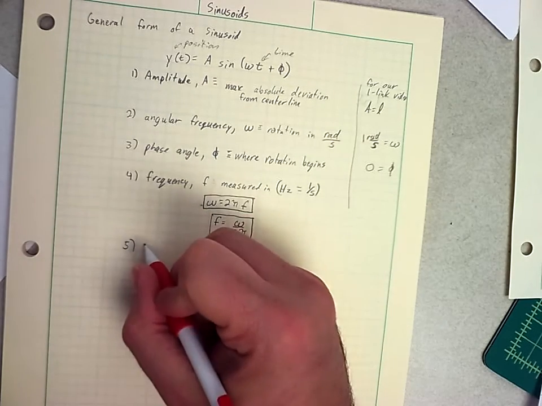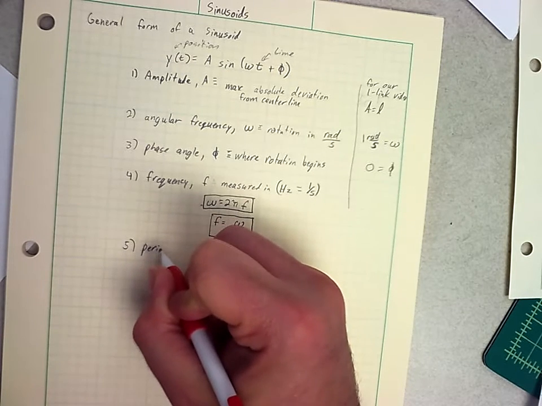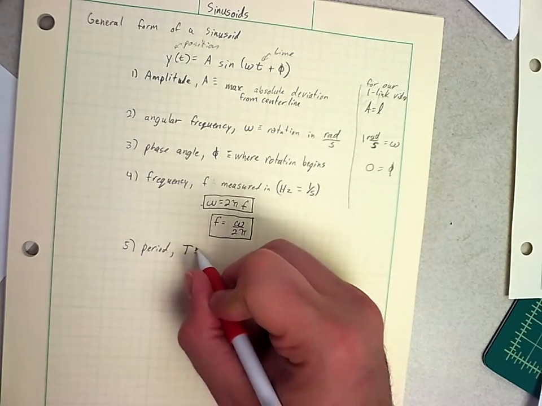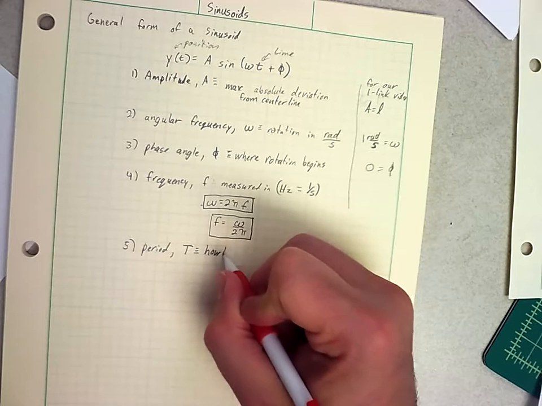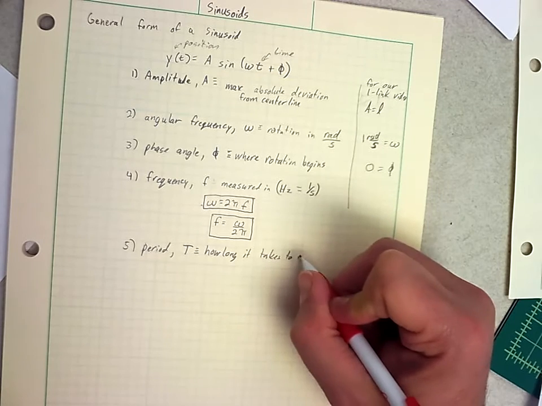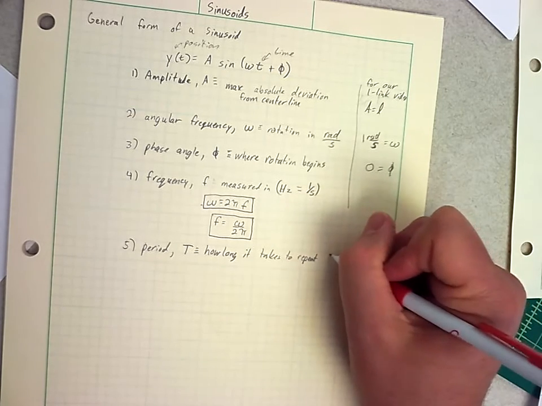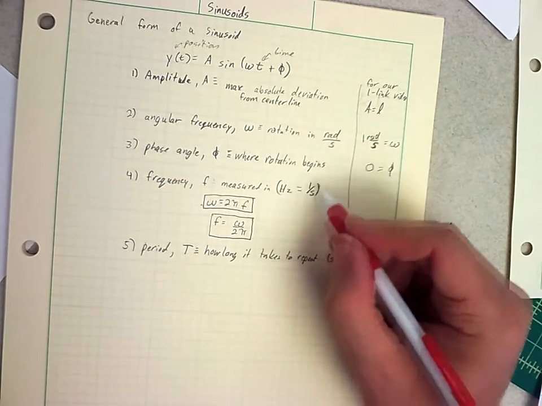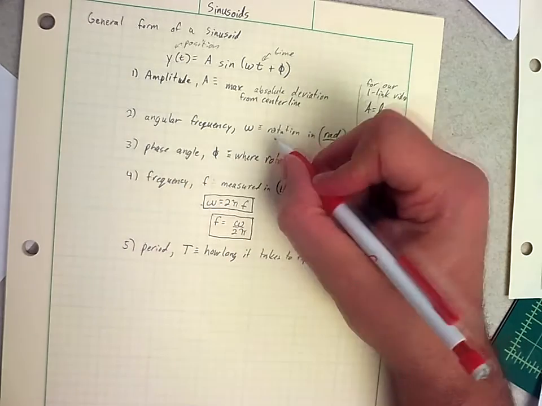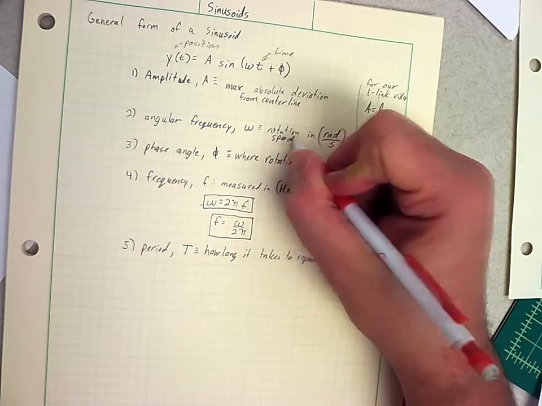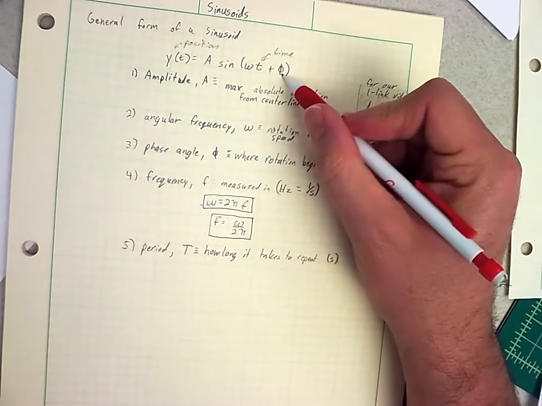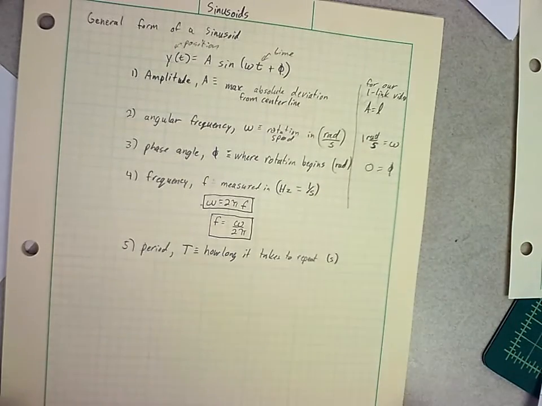Number 5 is the period. And we use capital T for that. And that, as I said, is how long it takes to repeat. So again, that's generally measured in seconds. Frequency is measured in hertz, omega in radians per second, and the phase angle will be measured in radians because it would have to be the same units that are in there. How long does it take to repeat?